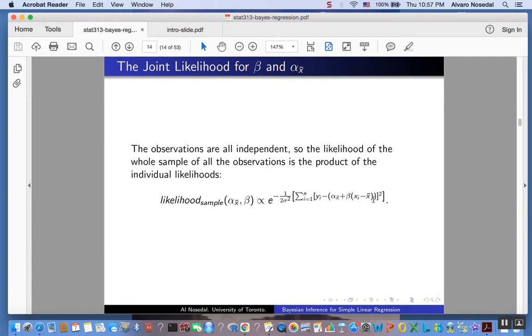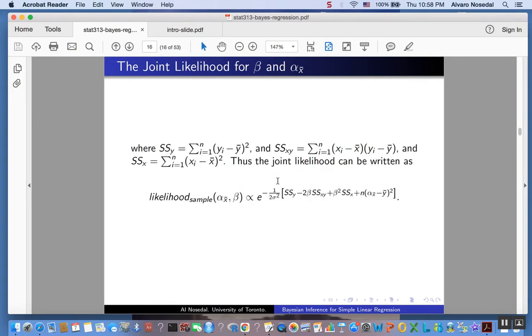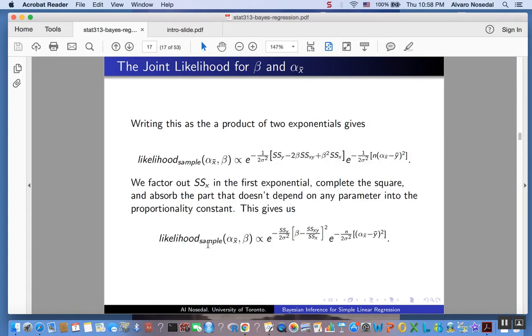So we were able to rewrite that likelihood as the product of two independent likelihoods. One depended on beta, the other one on alpha x bar, the two parameters for that model that we're interested in.